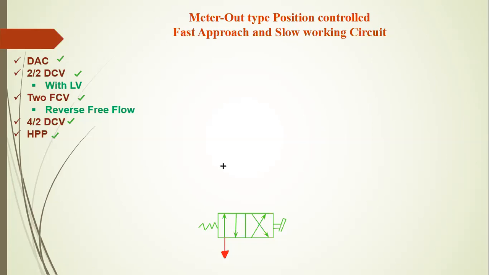Let's require 2 FCVs and a 2 by 2 direction control valve. Before starting to draw these, we first draw the double acting cylinder. Then a workpiece or bed arrangement is required to work with the hydraulic circuit.